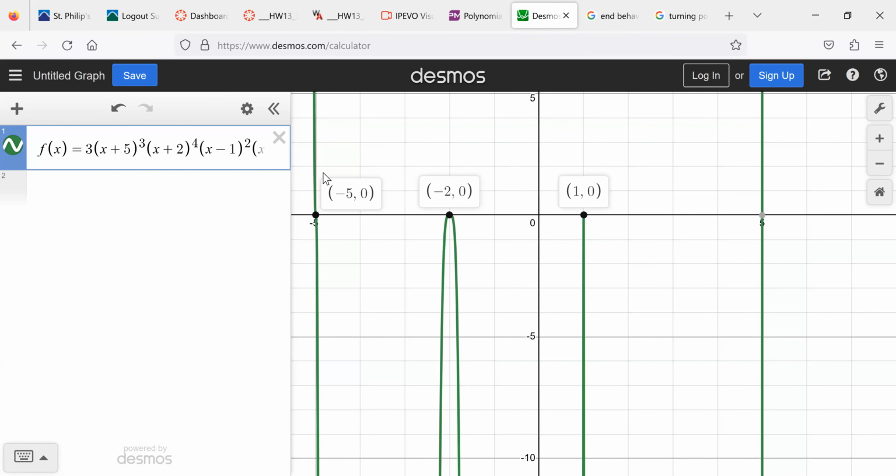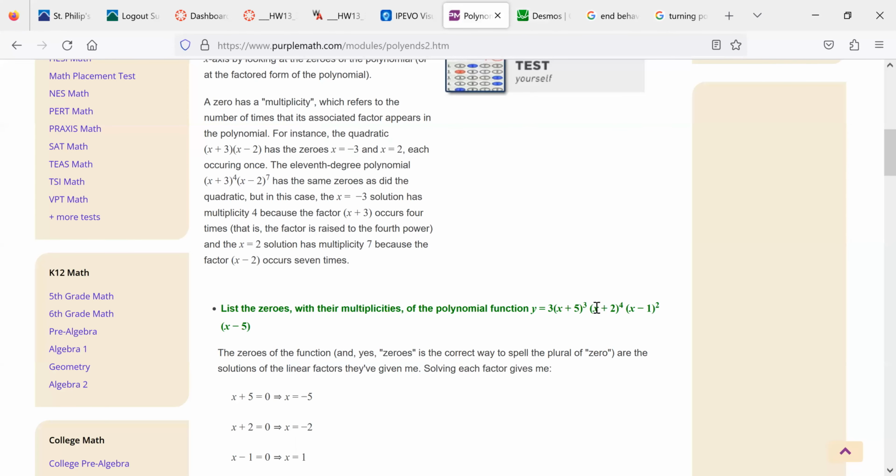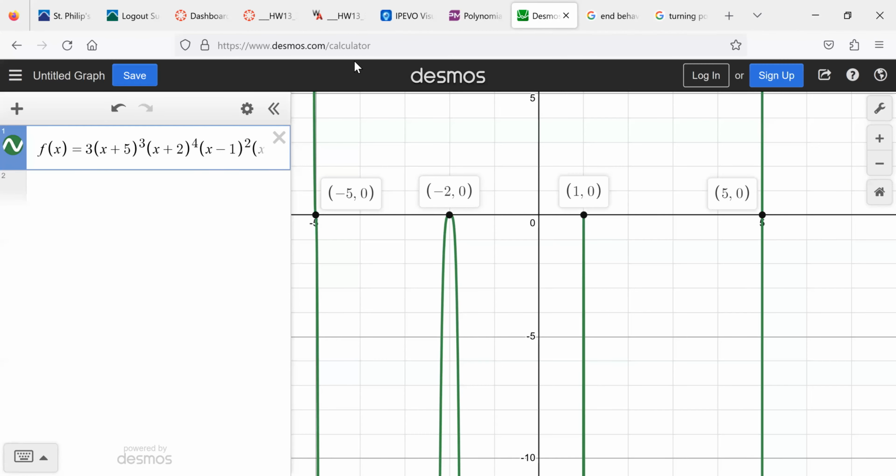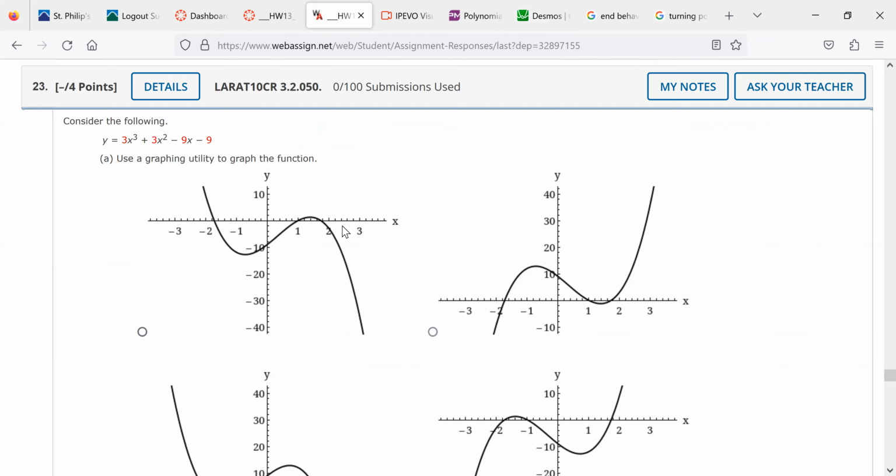Same thing here, the -1 right there will bounce off of it. The last one is odd at 5, it'll cross. So the multiplicities mean something. It determines the behavior of the graph. Okay. Are there any questions on that idea?